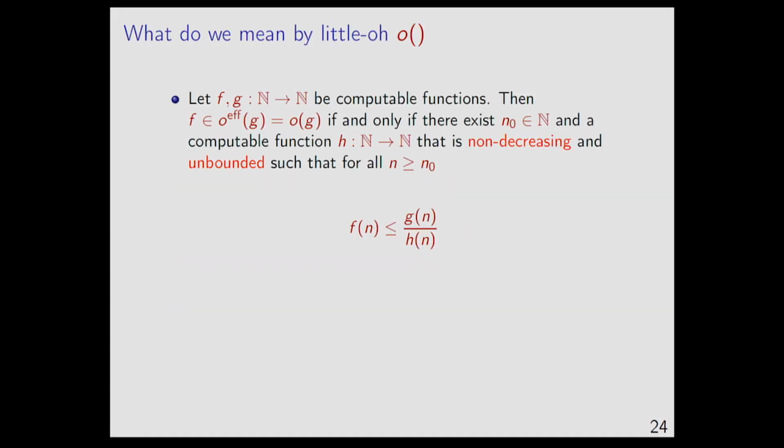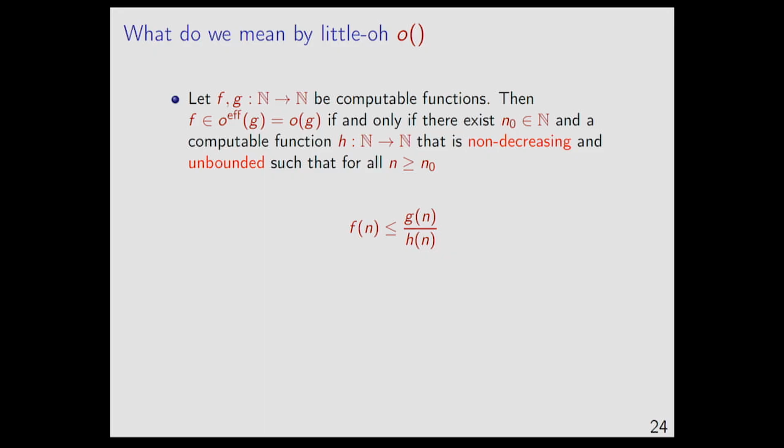And before I go on, let me tell you what I mean by little o, because this can be confusing. Mathematically, this is what it means. What I will mean by little o all the time in parameterized complexity, sometimes called O effective, is this: given two functions from natural numbers to natural numbers, I'm going to say that f is O effective of g, or big O, little o of g, if there exists some n0 in N and some function h, which is non-decreasing and unbounded, such that for all n greater than or equal to n0, f of n can be upper bounded by g of n divided by h of n.